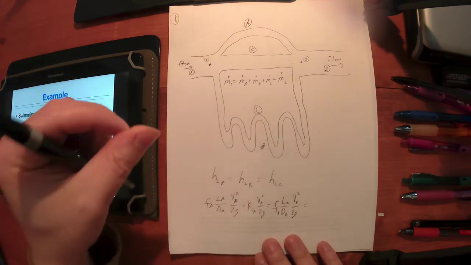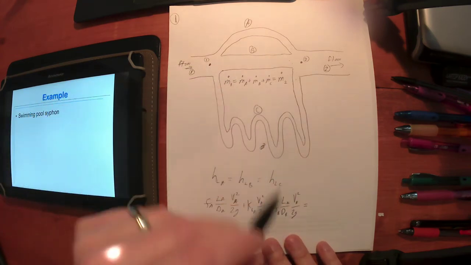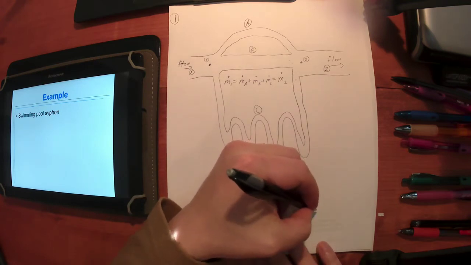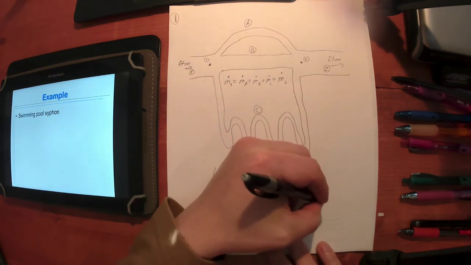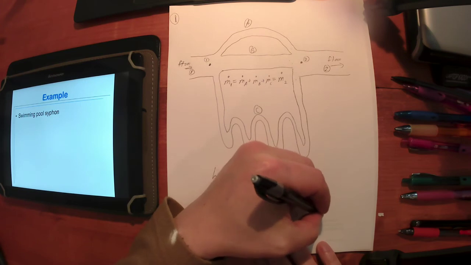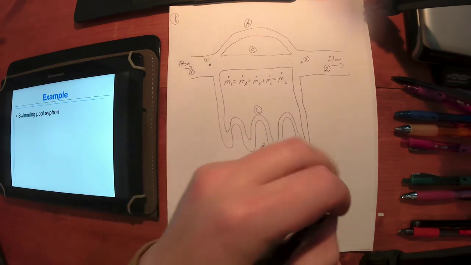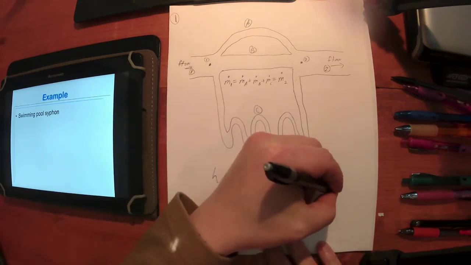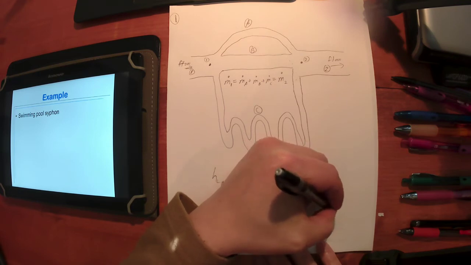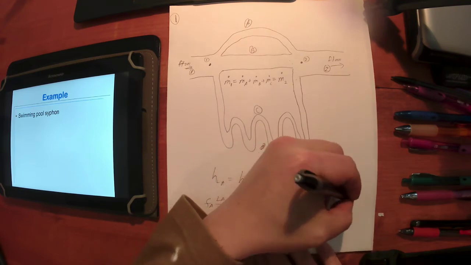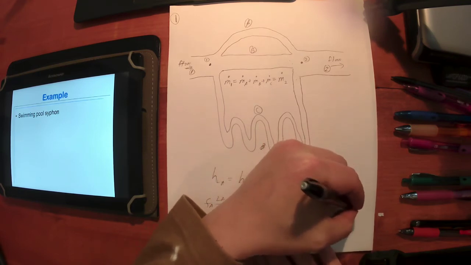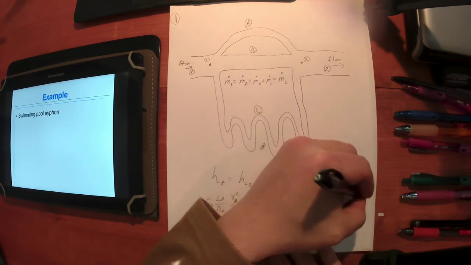Now, for C, though, C is just ridiculous down here, right? So you're going to have a Darcy friction factor for C, length of C divided by the diameter of C, the average speed of flow through C squared divided by 2g, but there's also going to be a lot of minor losses in pipe C there.